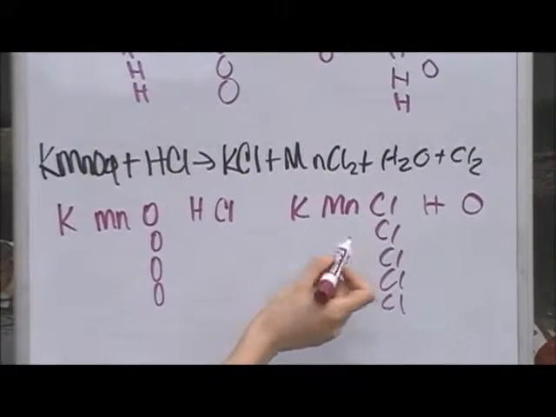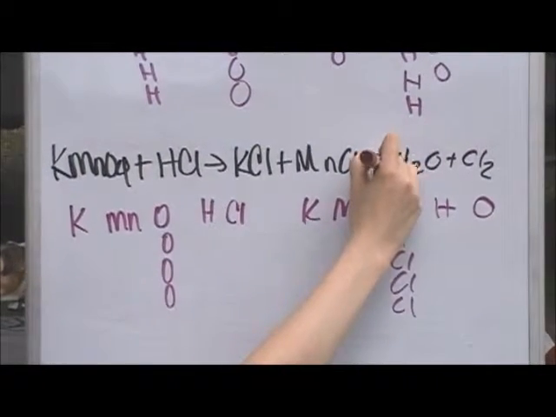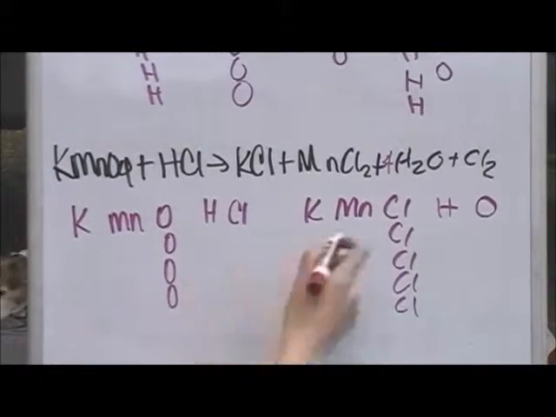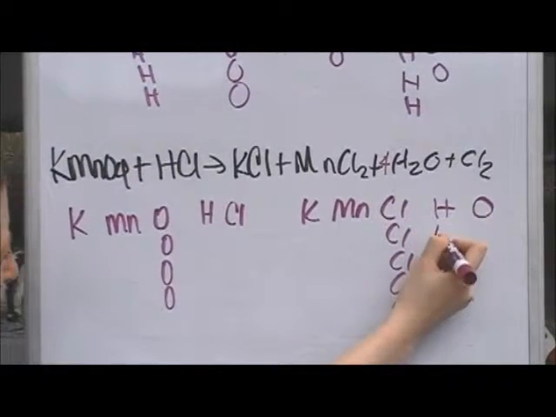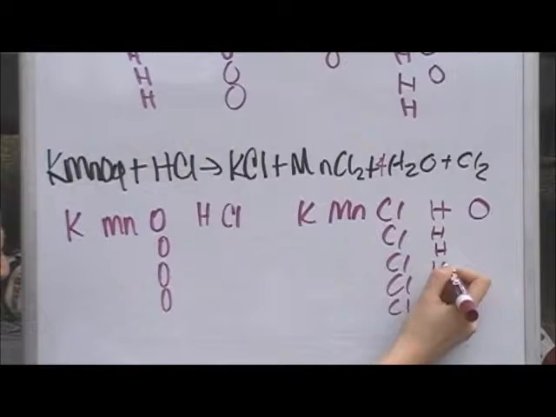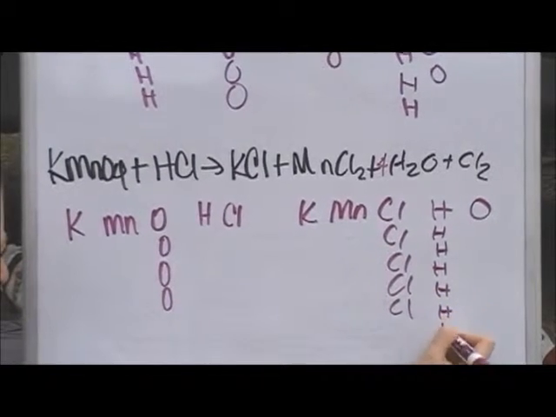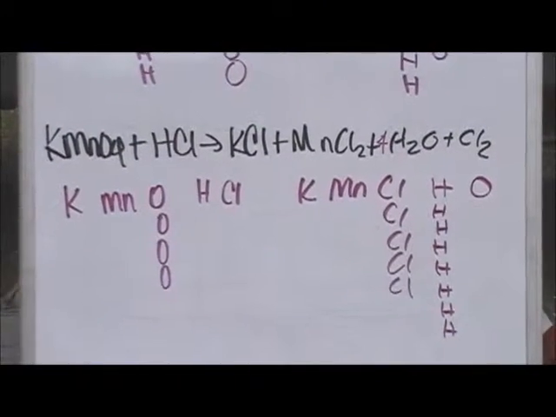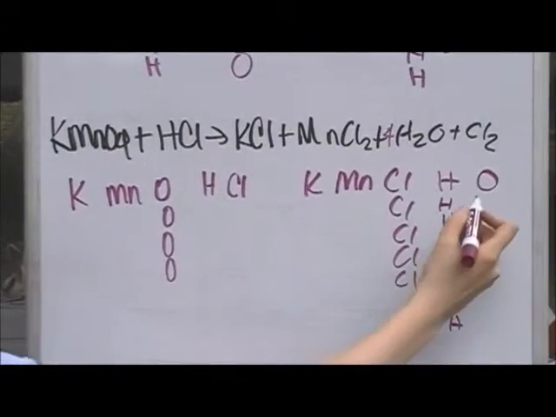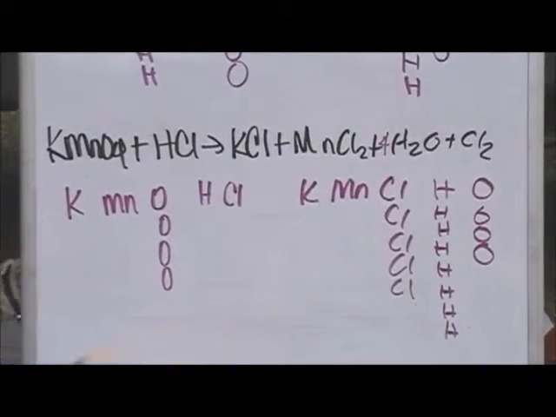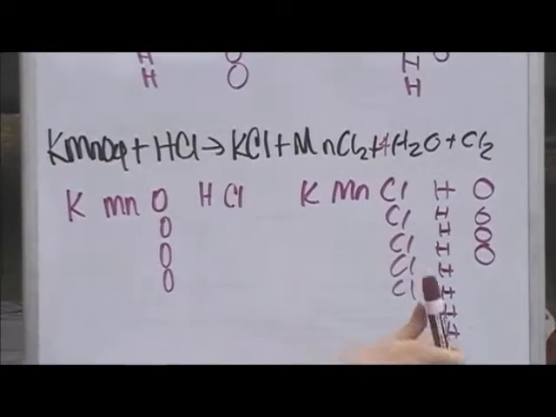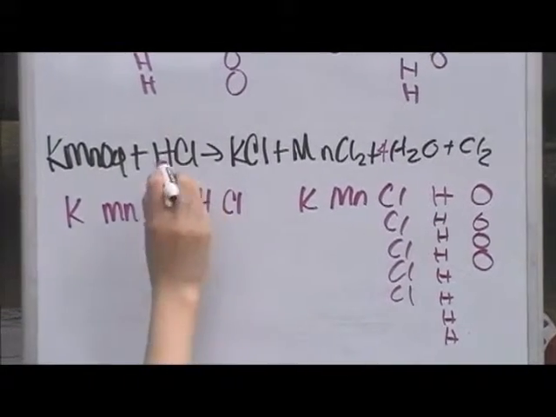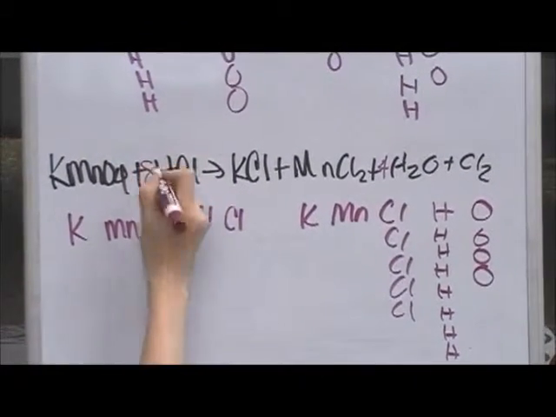So we know we need 4 O's on this side, so we're going to add a 4 in front of there. So now we have 4 times 2, which is 8 H's and 4 O's. So now that we added our 8 H's over here, we need 8 H's over here.